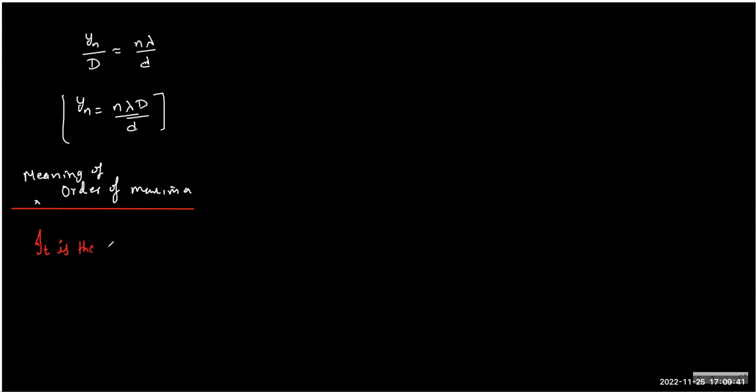It is the difference of number of wavelengths of two paths traversed by the wave.